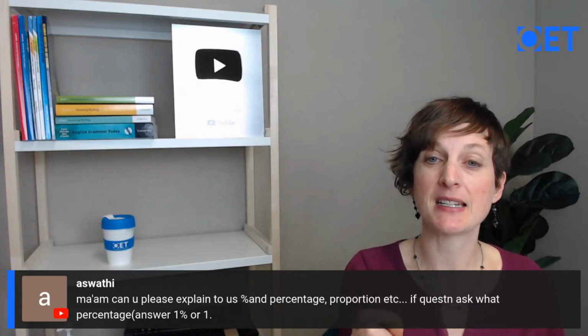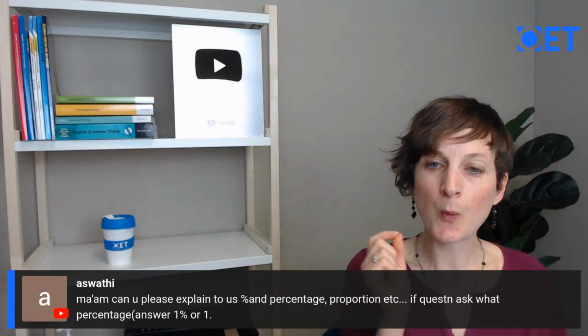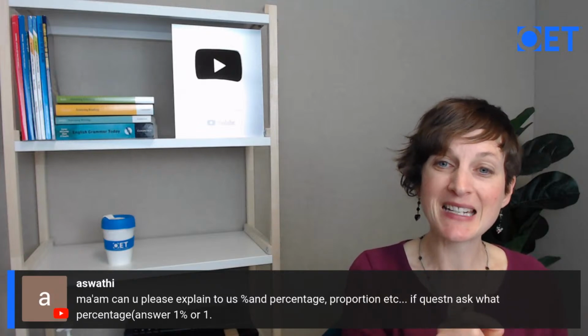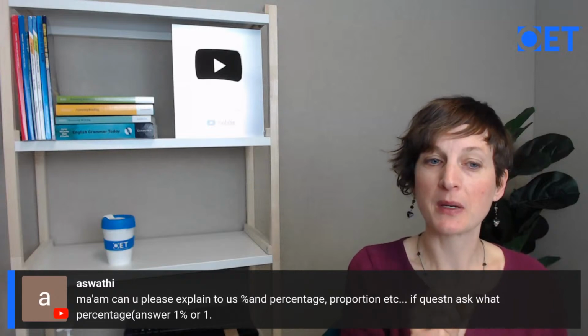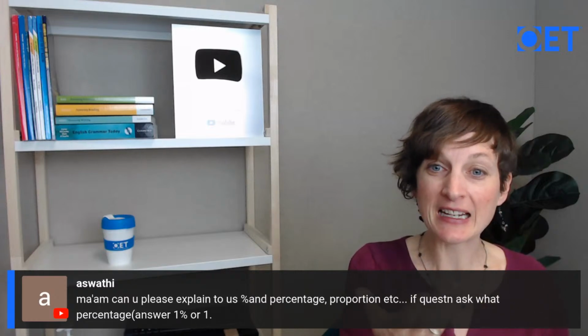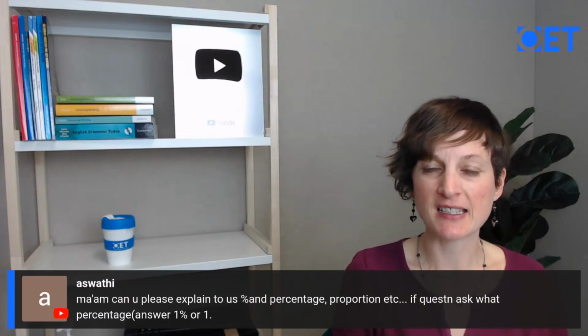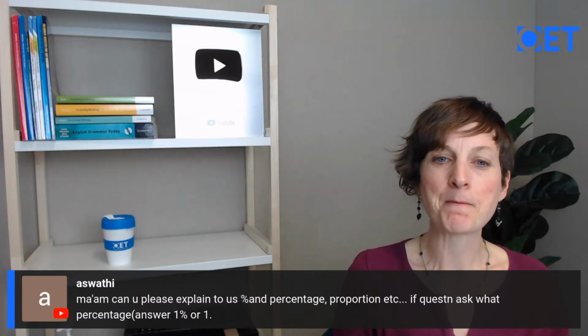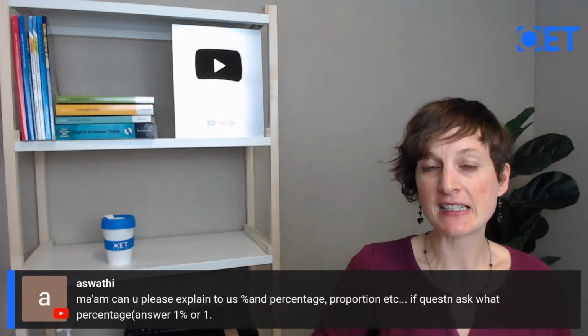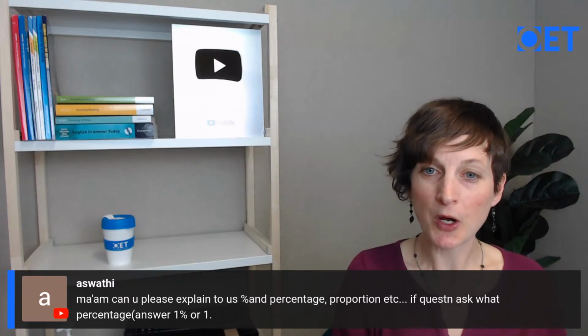It's not percentage. So when the question asks what percentage, the answer is 1% with the symbol, because that is the correct grammatical answer. Now, I know that seems a little bit complex, but that's essentially how the English works.